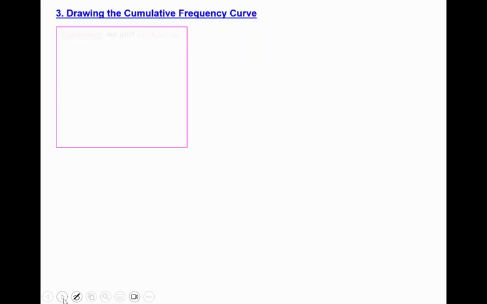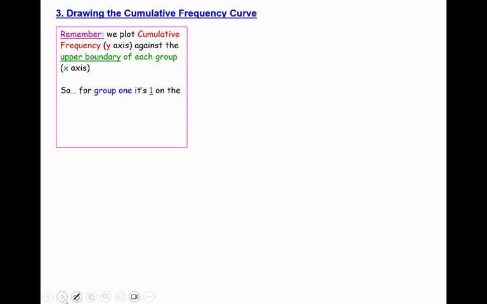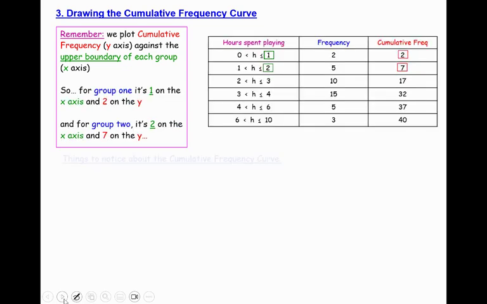Now, drawing the cumulative frequency graph, a few things I do want to point out. I'm just going to put up some information here. Now, from the table, when you draw a cumulative frequency graph, when you have your y and your x-axis, make sure that the y-axis is always going to be the cumulative frequency, which makes sense, because we're looking at the total number of students, and that usually comes on the y-axis.